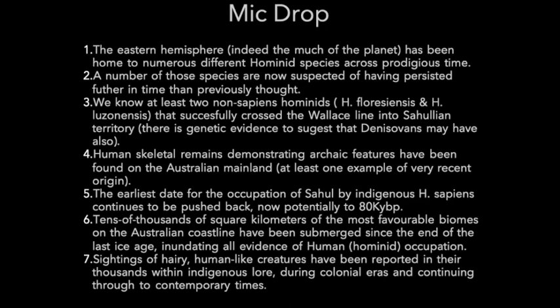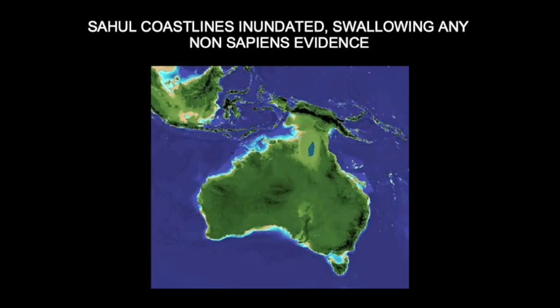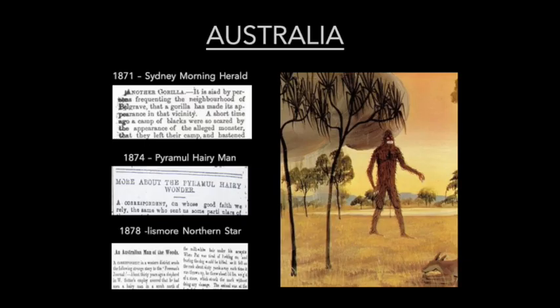Tens of thousands of square kilometres of the most favourable biomes on the Australian coastline have been submerged since the end of the last ice stage, inundating all potential evidence of human occupation. Sightings of hairy human-like creatures have been reported in their thousands within not just Indigenous law, but during colonial era and continuing through to contemporary times.